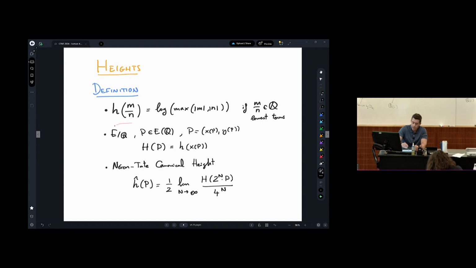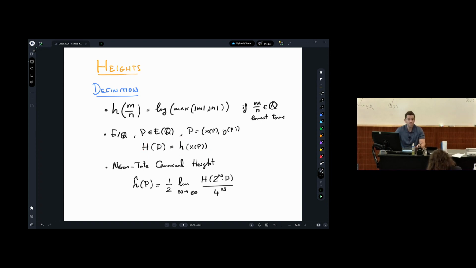And then if I have an elliptic curve and a point over Q with coordinates x and y, I'm going to define what we call the naive height of that point to be just the height of x, which is a rational number. So take that x, put it in lowest terms, and then use the naive height on that. Okay, that is the naive height.